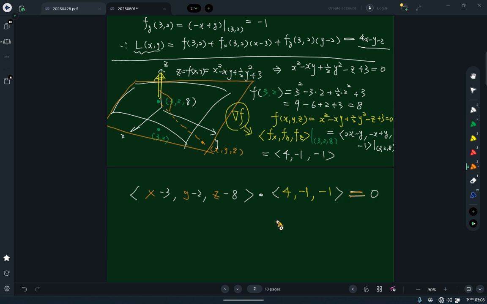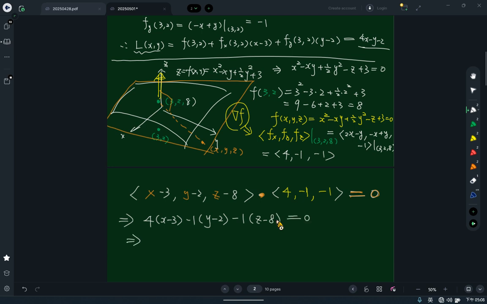Should be 0 because they are orthogonal to each other, right? Then after that, we can do some calculation on this, so we get 4 times (x minus 3) minus 1 times (y minus 2) minus 1 times (z minus 8) should be 0.